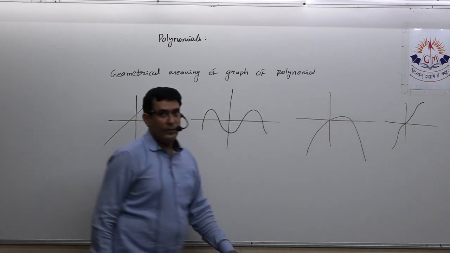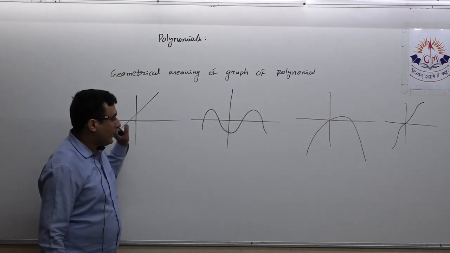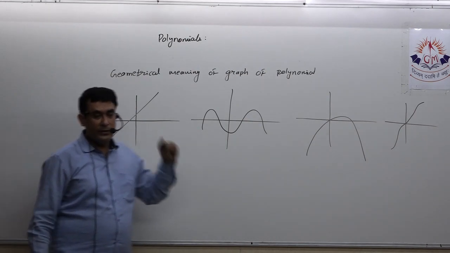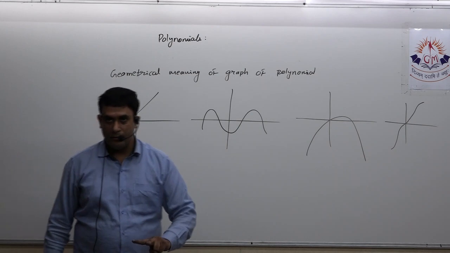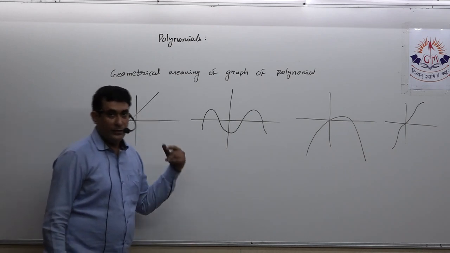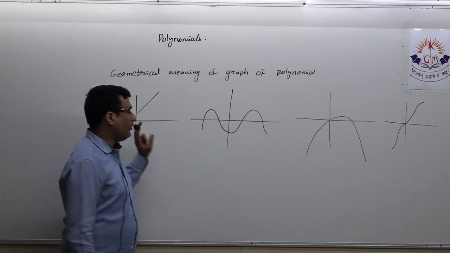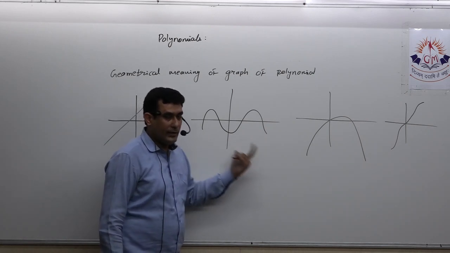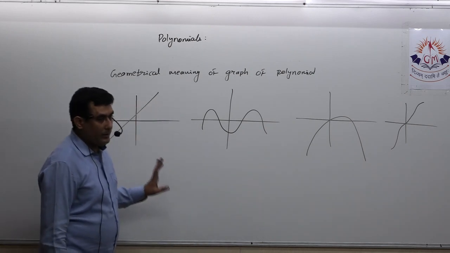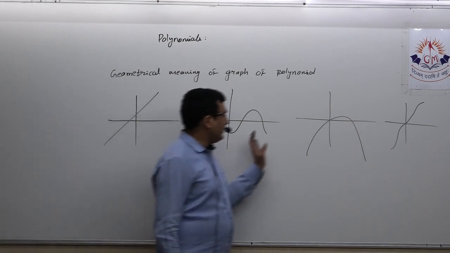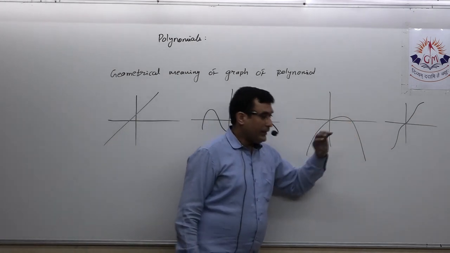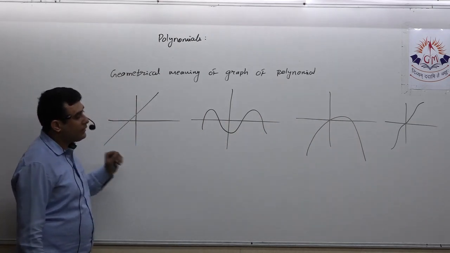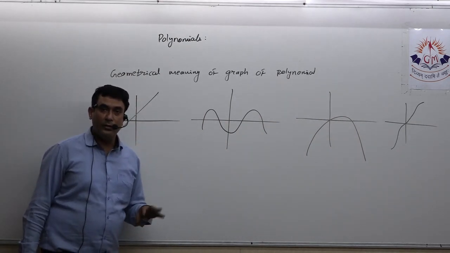The very first question that can be asked is to identify whether the graph represents a linear or quadratic polynomial. They never ask more than that, either linear or quadratic, because only two types of shapes are fixed: one for linear, another for quadratic. Any other shape does not clearly say which type of polynomial it will be. The second thing, they will ask you to find the number of zeros.